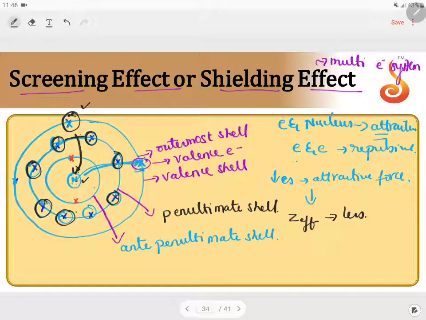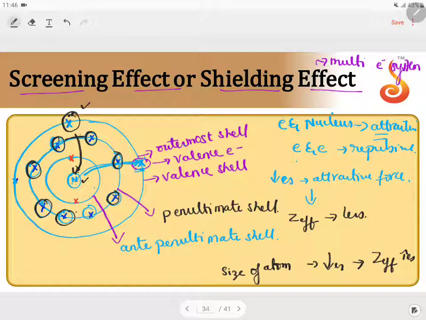Since the attractive force is more, the size of the atom decreases slightly. Why is atomic size decreasing? Because the effective nuclear charge is increased.